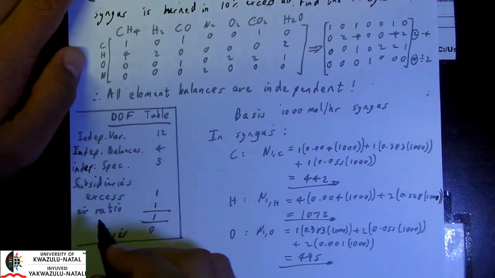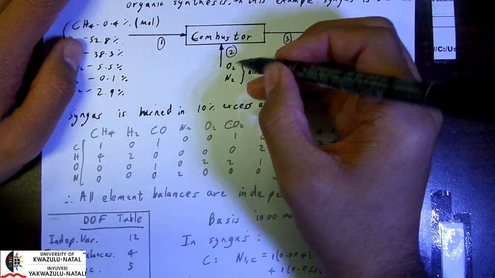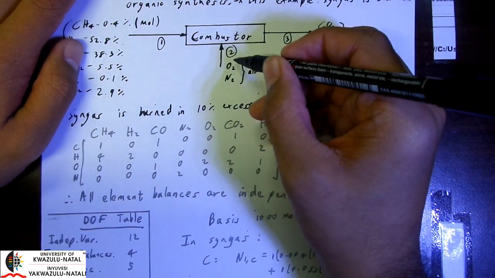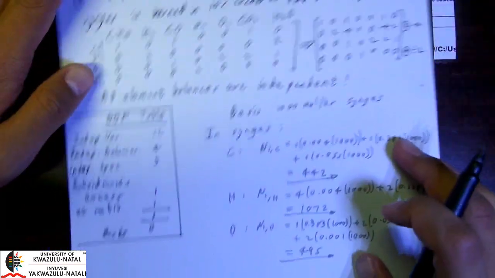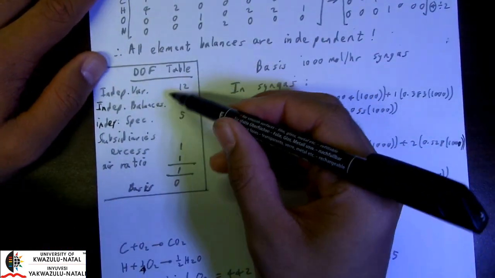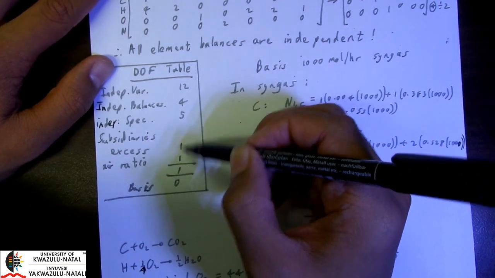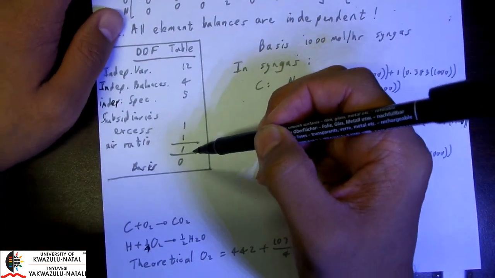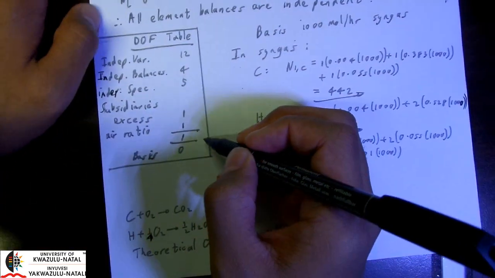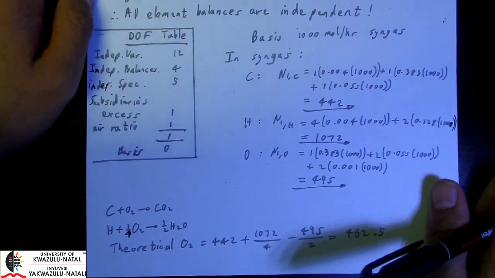And also we are given an air ratio. Remember that we are assuming that our air contains 21% oxygen and the rest being nitrogen. Okay, so that's our assumption. And based on that, we can ultimately end up with a degree of freedom of 1. And if we add in a basis for our syngas, then that will make our degree of freedom 0.